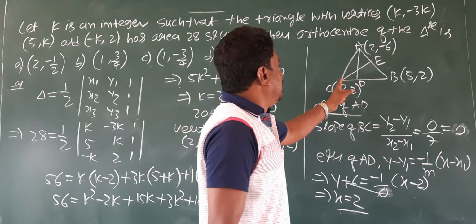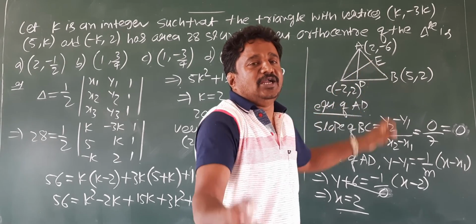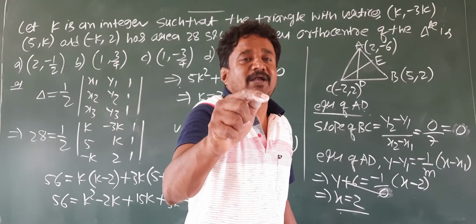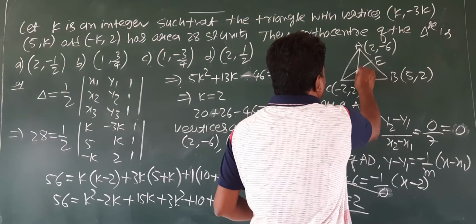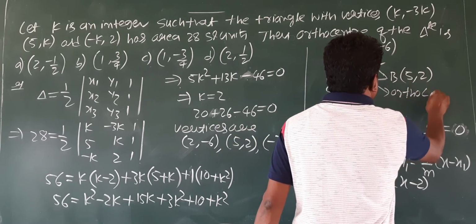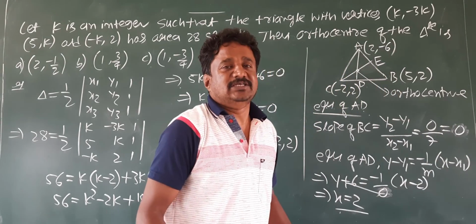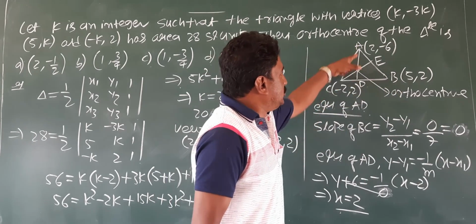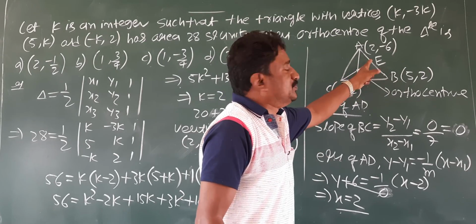Similarly, let us find the equation of CE. I told you, students, the point of intersection of heights is called the orthocenter. The main intention is that I find the equation of AD, then I go for finding the equation of CE.